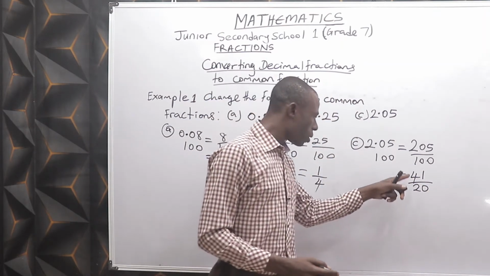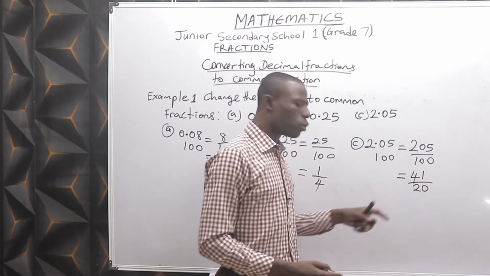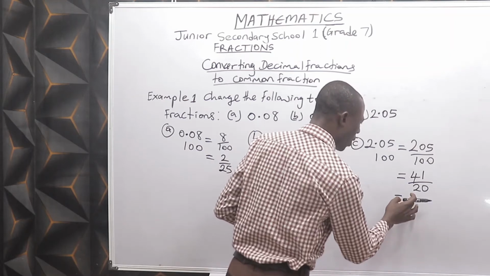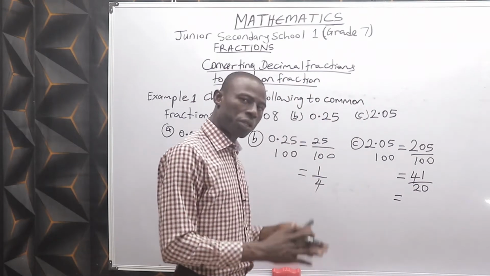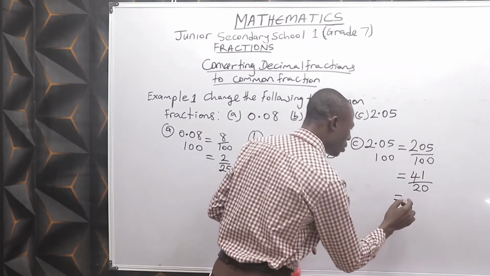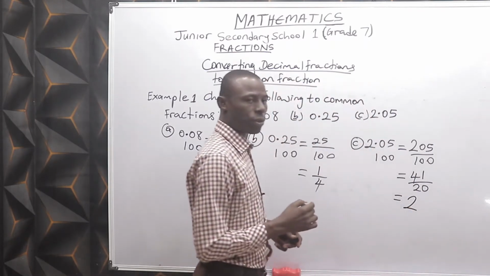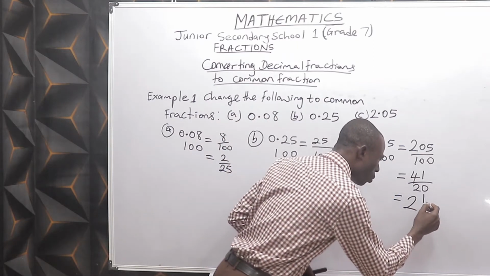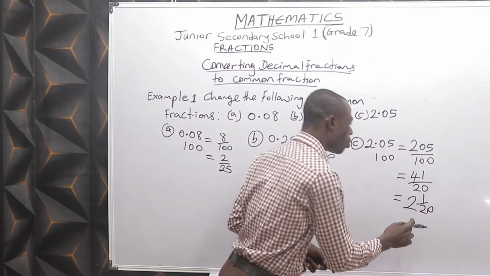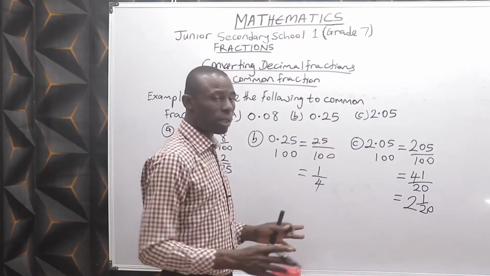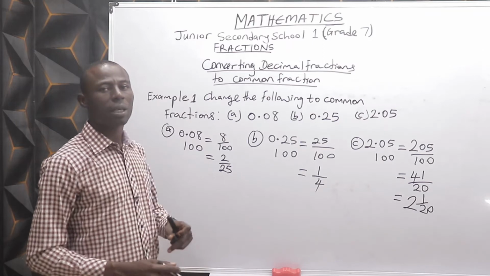What else goes in? Nothing. So we write this as a mixed number: how many times do we have 20 in 41? 2 times. It remains 1. That is 1 over 20. So we write it as 2 whole number 1 over 20. And that is the end of that.